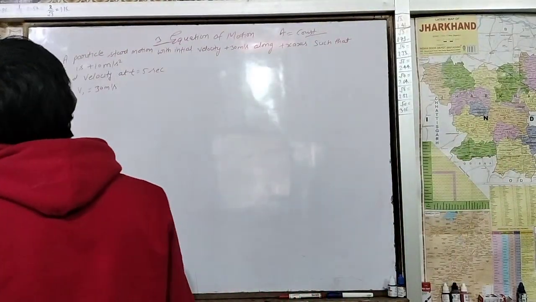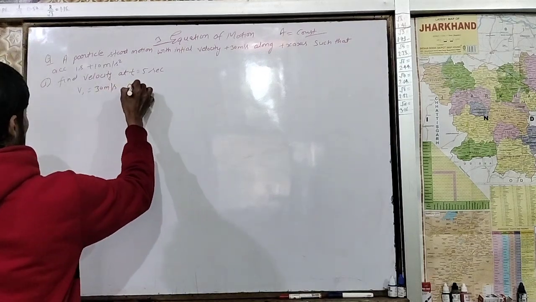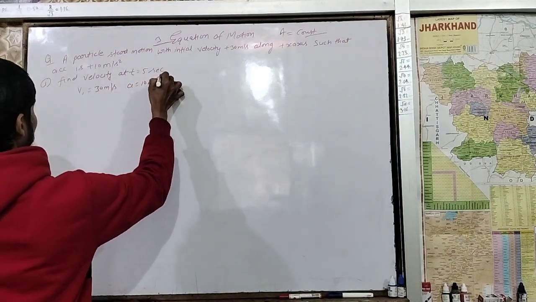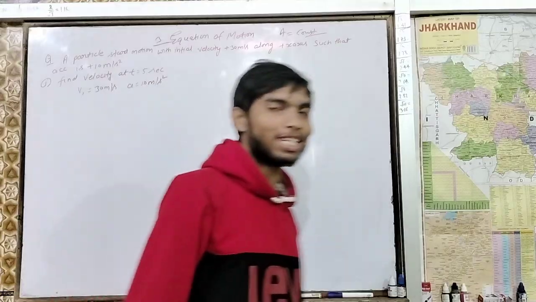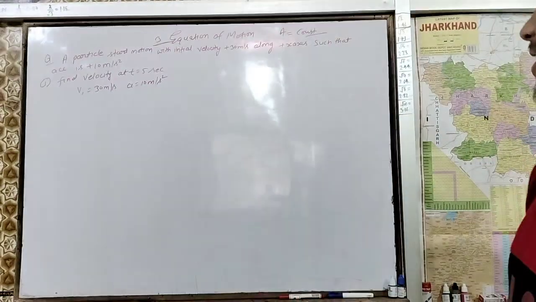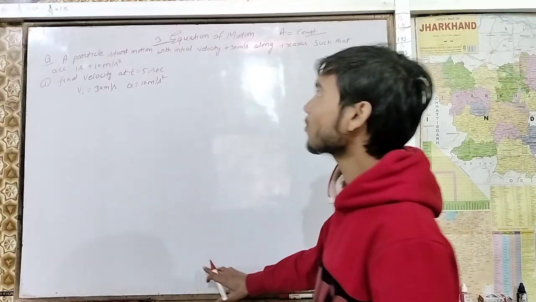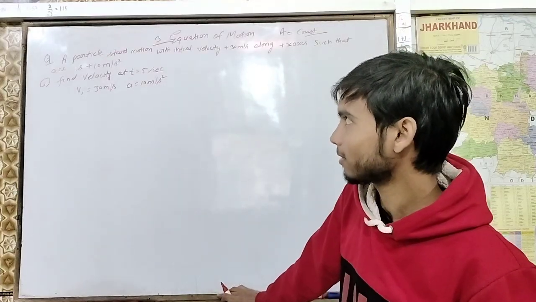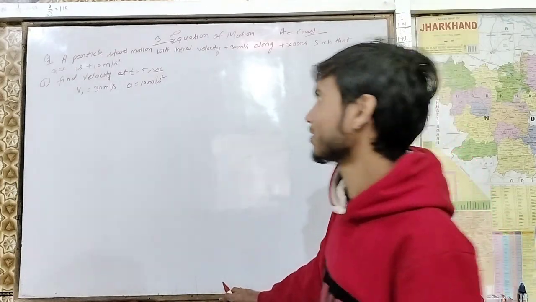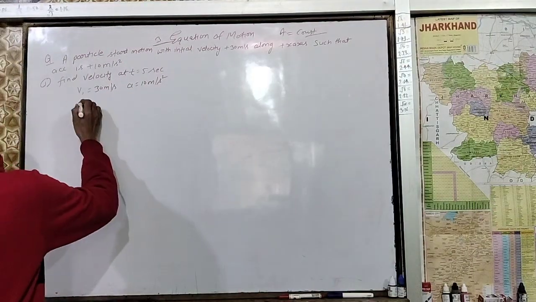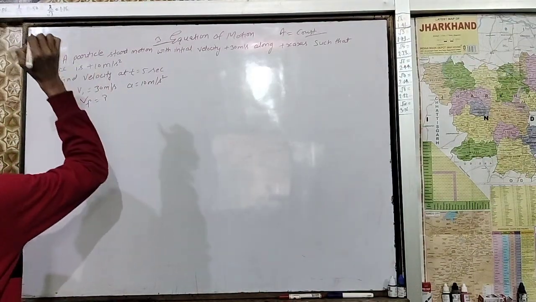So acceleration is 10 meter per second raised to power 2. We have to calculate what is the velocity at t is equal to 5 seconds. Final velocity. So what will be your final velocity?